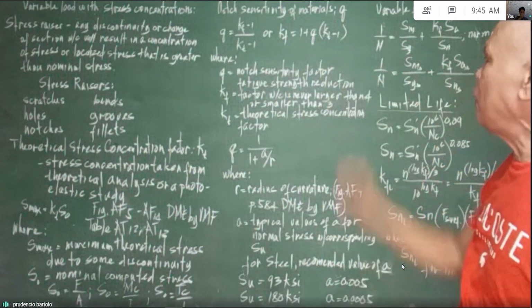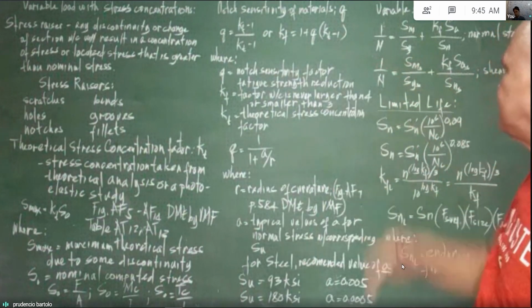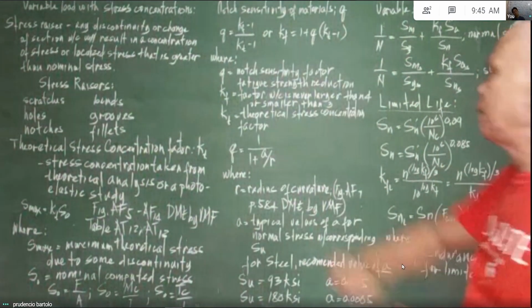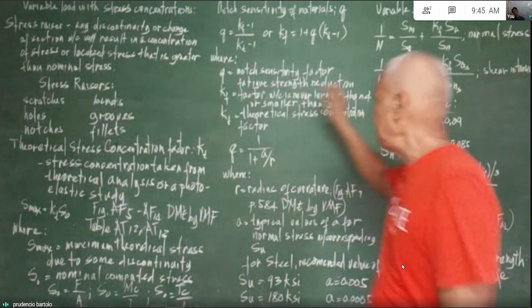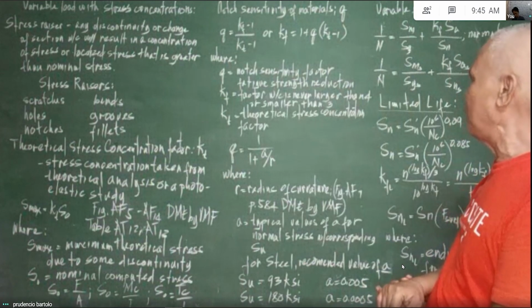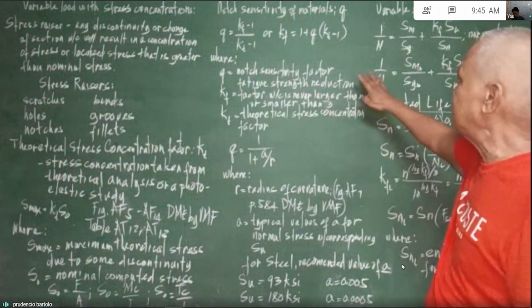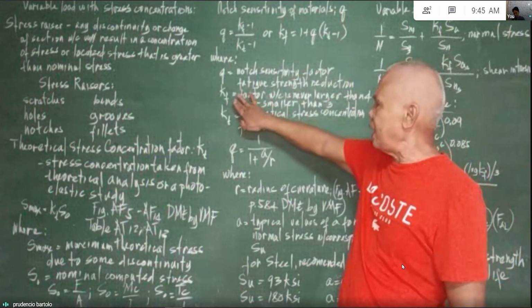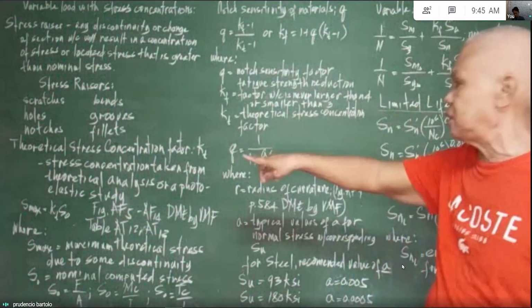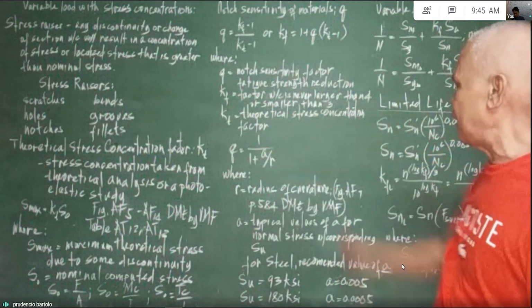Of course, q is the notch sensitivity factor, Kf is the fatigue strength reduction factor, and Kt is the theoretical stress concentration factor we have taken in there.